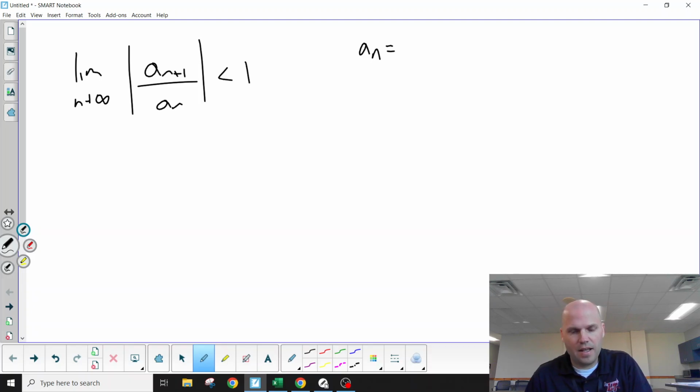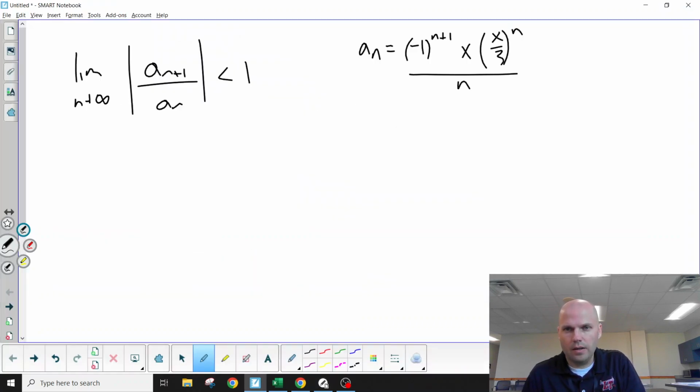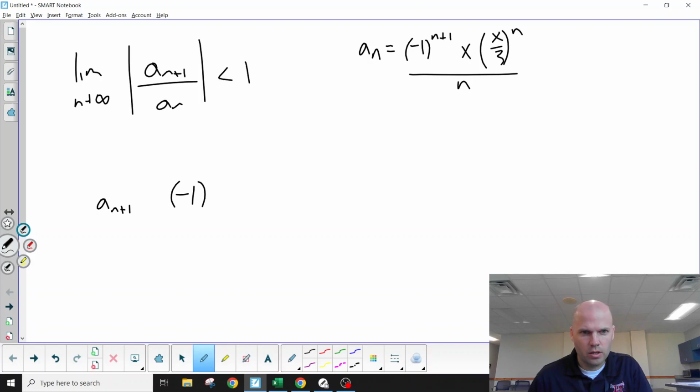Now my nth term is negative 1 to the n plus 1 times x over 3 to the n over n. Okay, so that's the a-nth term. The a-n plus first term would just be replacing n with n plus 1. So they become negative 1 to the n plus 2, x times x over 3 to the n plus 1 over n plus 1. It might be easiest also to separate these and simplify them, but for right now, it's not.